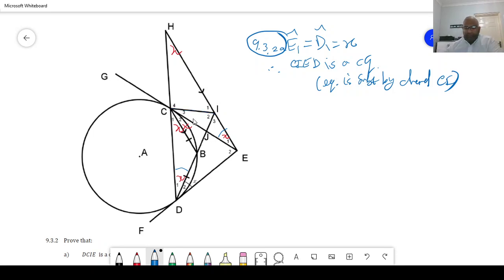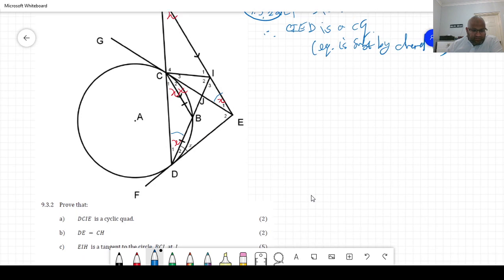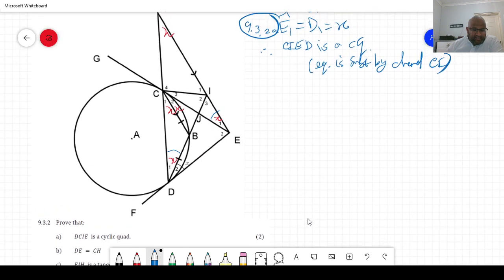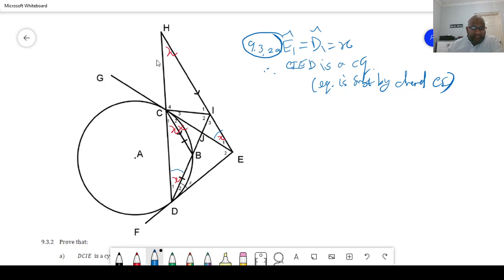Then in the next question we are asked to prove that DE is equal to CH. Now we don't go straight into that, as you can see. There's no direct link between them, but we know that CH is equal to CE. Can you see that? And why is that the case? Because of the base angles being equal.